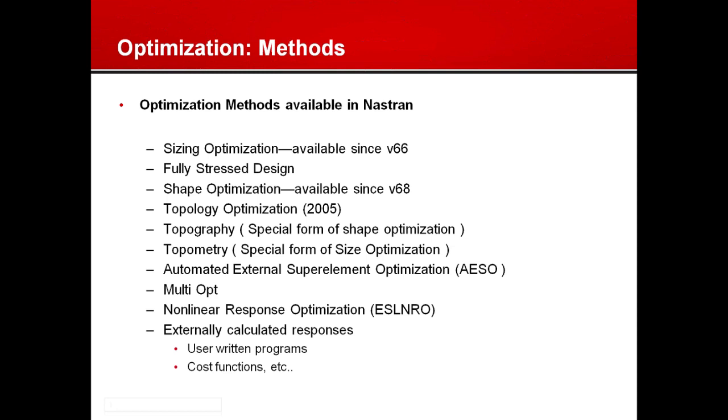Material or geometric nonlinearities can be supported through that functionality. And all of these processes allow you to calculate external responses, meaning you can write a user-written program that would use values calculated by Nastran and formulate your own responses from an external routine, and you can control that. And that could be a cost function or some other elaborate margin calculations or things like that.